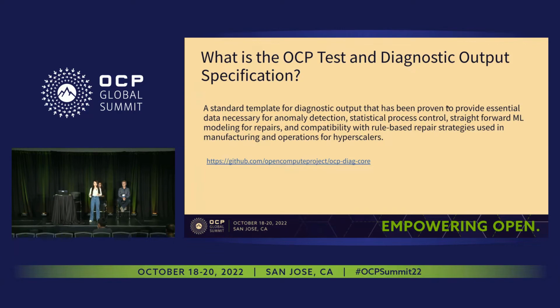This is when we adopted the OCP Diagnostic specification. As Dan mentioned, there will be a deep dive presentation on this topic right after this one in the same room. So I will just briefly go through the schema, which gives us essential data, not only for machine learning models, but also for our rule-based repair system.